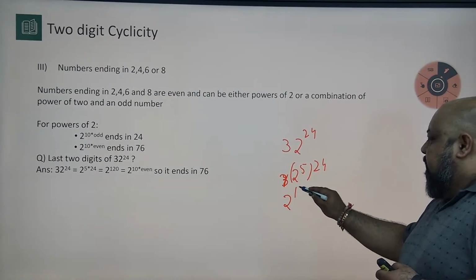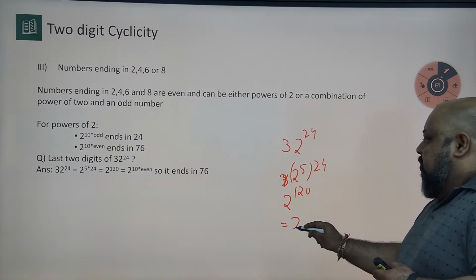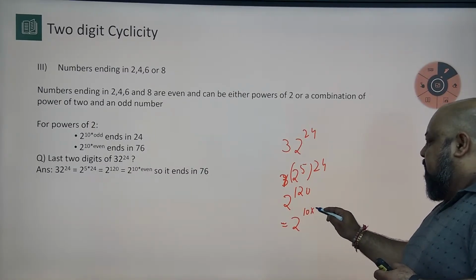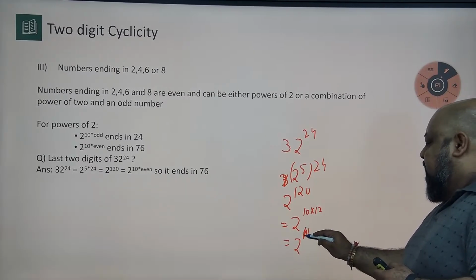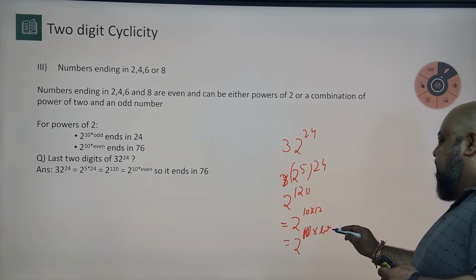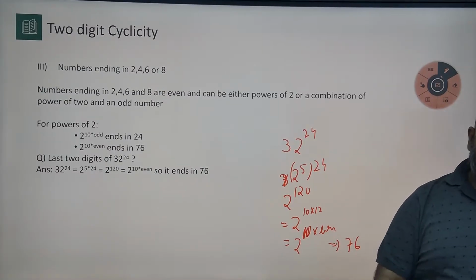So 2 raised to power 120. 2 raised to power 120 means 2 raised to power 10 into 12. 12 is even. 10 into even ends in 76. So the answer will be 76.